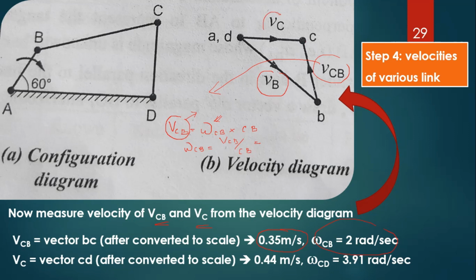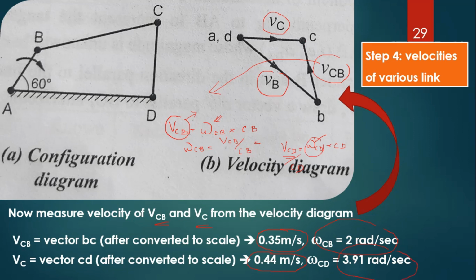Similarly, we got the velocity of C from the velocity diagram, which is equal to 0.44 meter per second, and velocity of CD is equal to omega CD times the length of the link CD. So, we have to find omega CD, which is equal to velocity of CD divided by CD. That is equal to 3.91 radian per second.